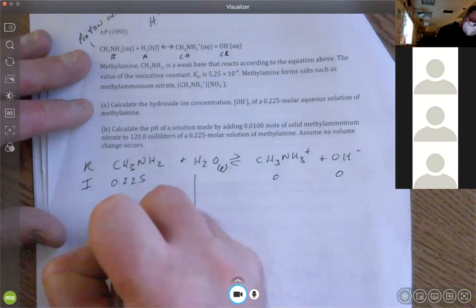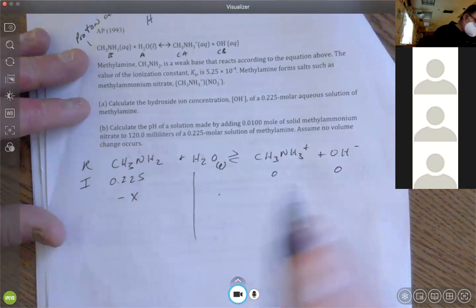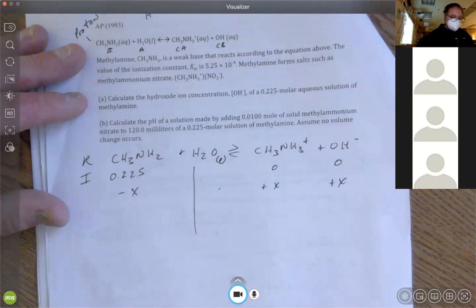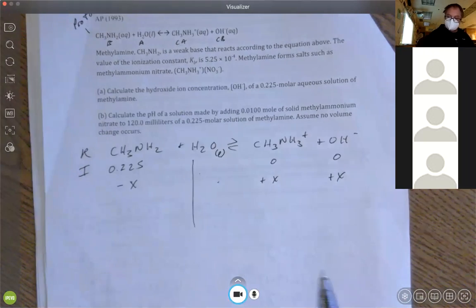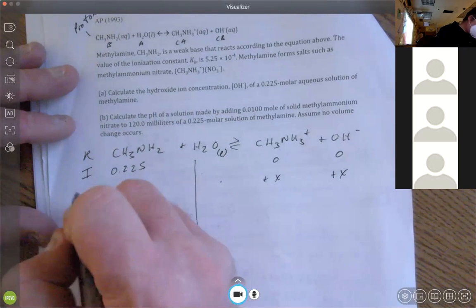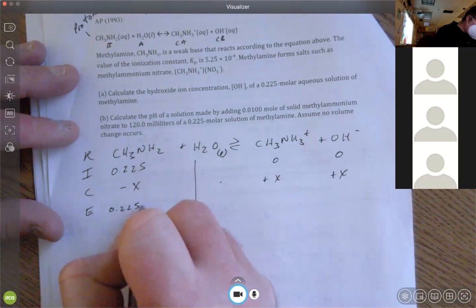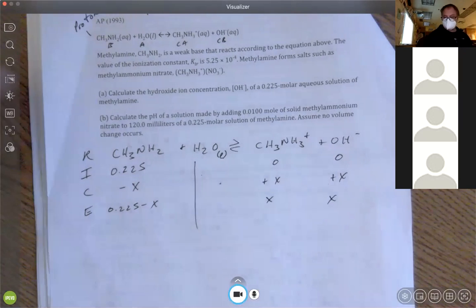So that means we will lose 1x of this, and we don't care about this. We will gain 1x of this and 1x of this, and those 1x's are just because of the coefficients up there. So that is the change. At equilibrium, we will have 0.225 minus x, x, and x.